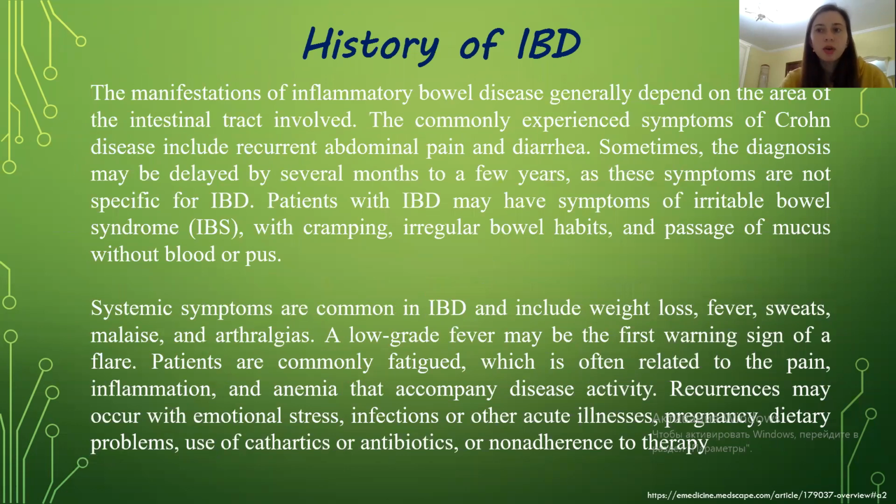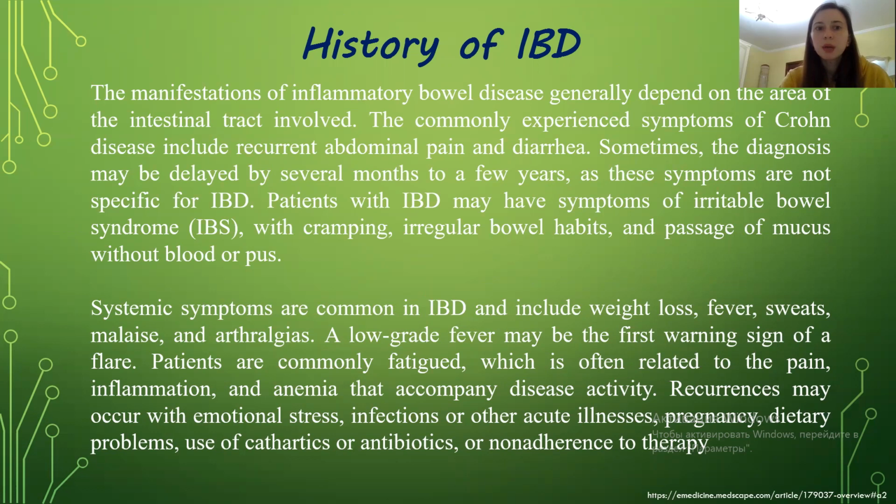History of inflammatory bowel disease. The manifestation of this disease generally depends on the area of the intestinal tract involved. The commonly experienced symptoms of Crohn disease include recurrent abdominal pain and diarrhea.